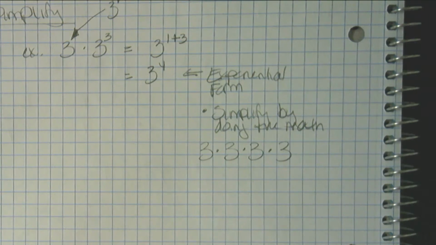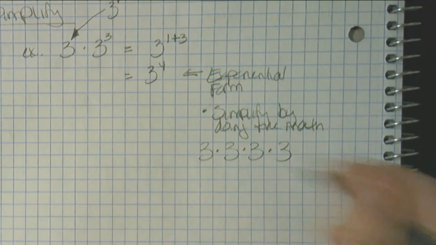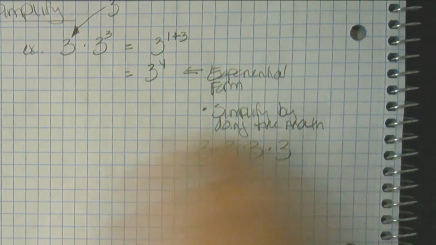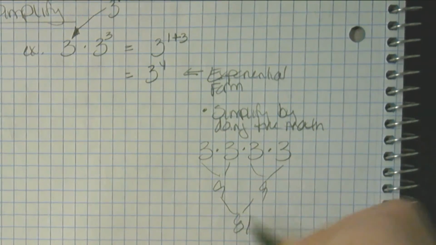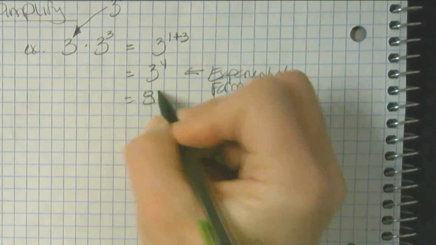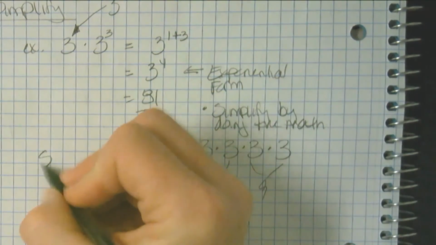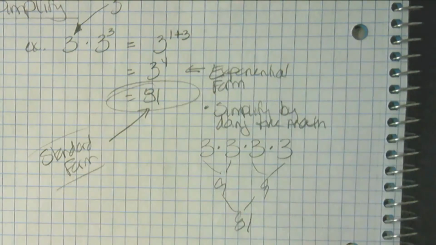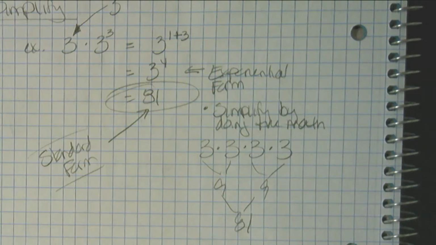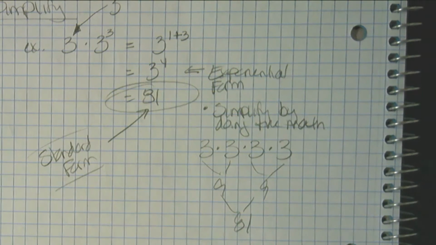Anything over a power of 2, I want to see you writing it out, off to the side, not inside your math. So 3 times 3 is 9, 3 times 3 is 9, 9 times 9 is 81. So 81, that is what we call standard form. And that is simplified. So our numbers, we are going to multiply them out to simplify them. If they say write your answer using exponents, we would leave it as 3 to the fourth power.